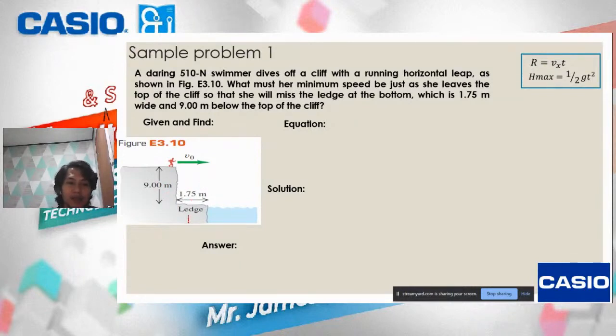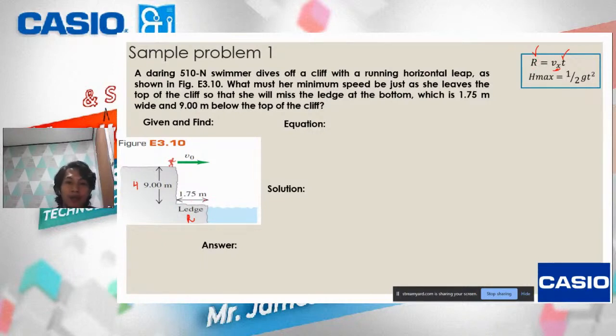Itong range na ledge natin, this is our range, this is our height. So we know to get the value of v naught, we should have a value of r and we should have a value of t. But in this case, ang value lang meron tayo is r, which is 1.75 meters.